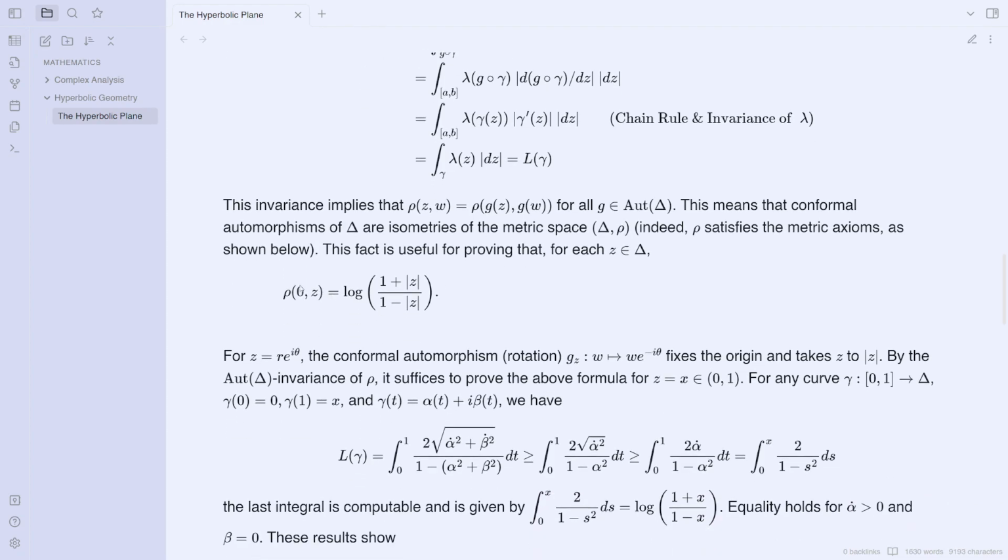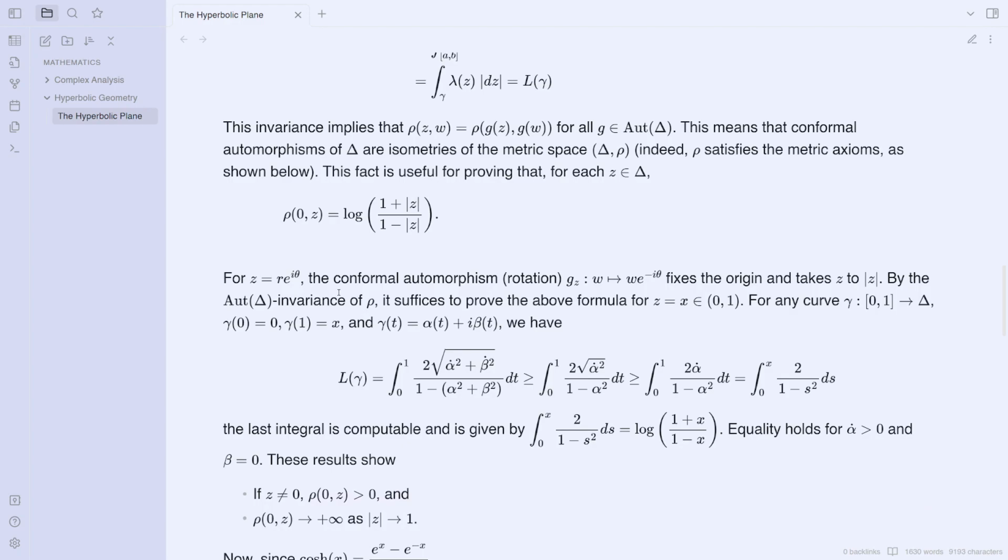And we want to prove this explicit formula. The distance from the origin to any point z is given by this expression here as logarithmic. And this is important. You're going to see this visually as well, that as you go further from the origin in hyperbolic space, the distance follows this value.